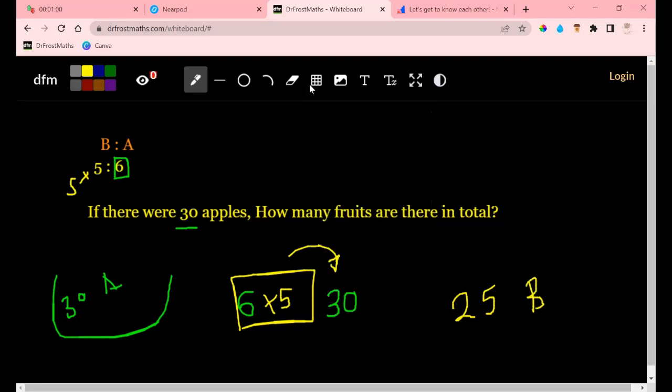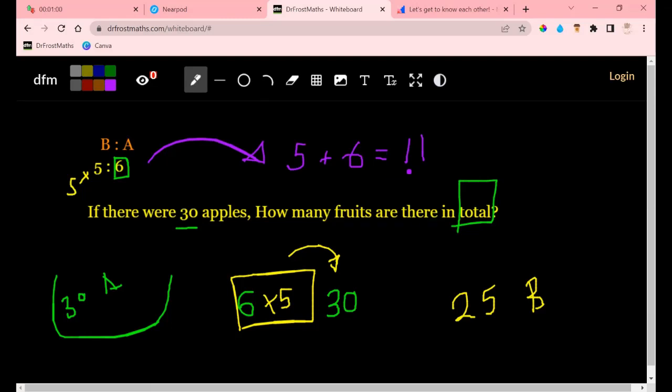But now that is not the question. They are asking the total. So how do we get the total? First, we find the total number of parts. That is, we add the number of terms. 5 plus 6. And the answer we get is 11.